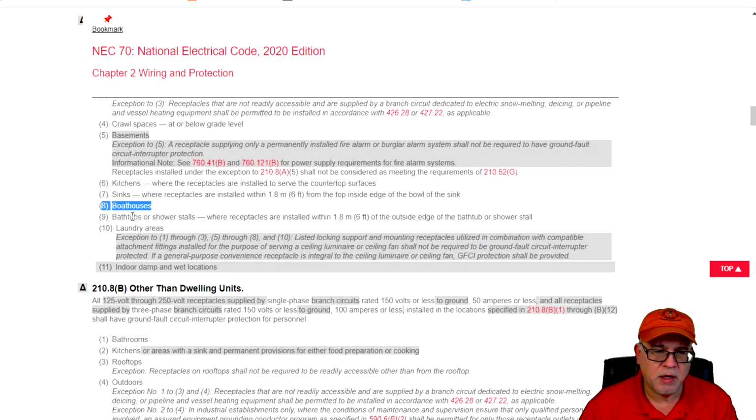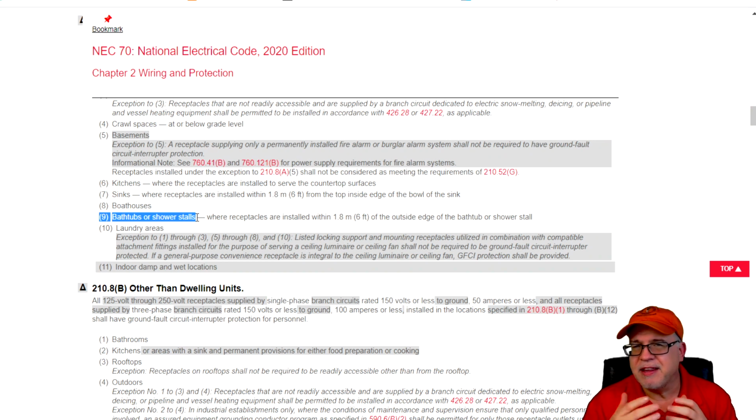The next one is item number 9, which is bathtubs and shower stalls. Now, layouts in dwelling units can be quite interesting when it comes to bathrooms, and then of course you have other spaces that don't necessarily qualify as a bathroom.